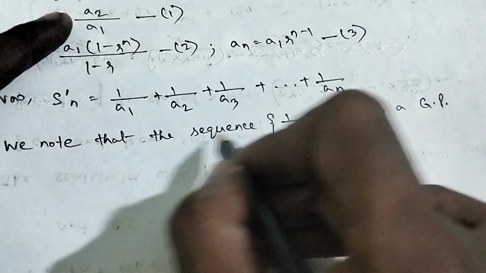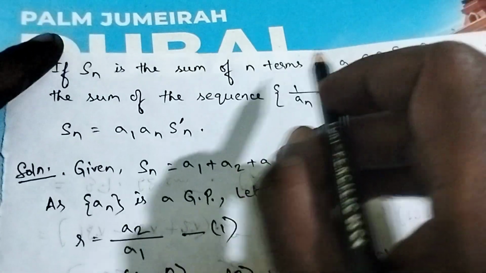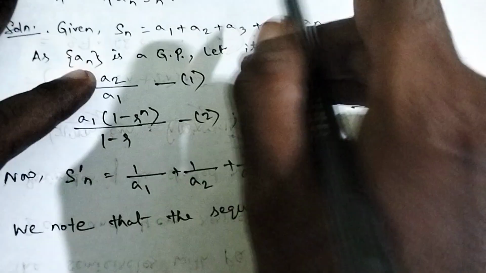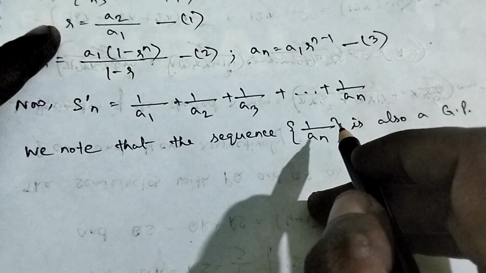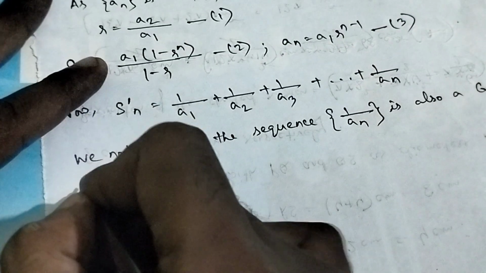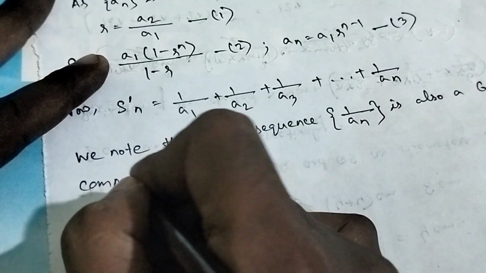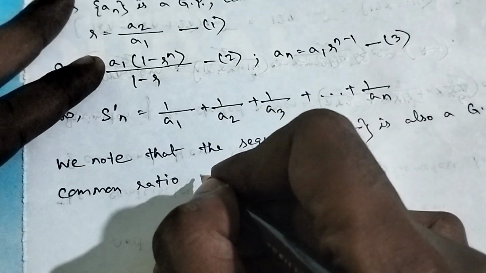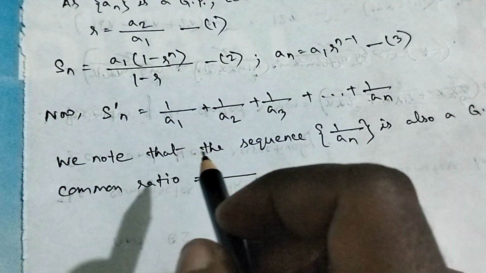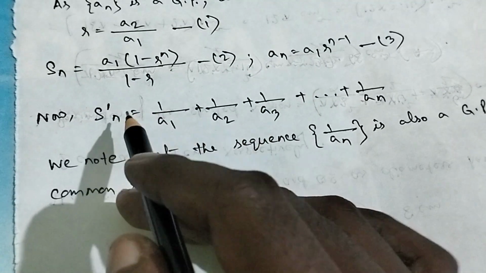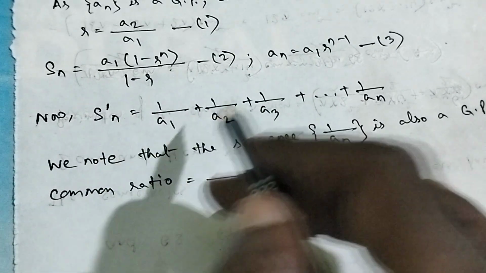It has been said that Sn is the sum of a GP and S dash n is also the sum of a sequence. We note that the sequence 1 by An is also a GP with common ratio. What is the common ratio of this sequence?